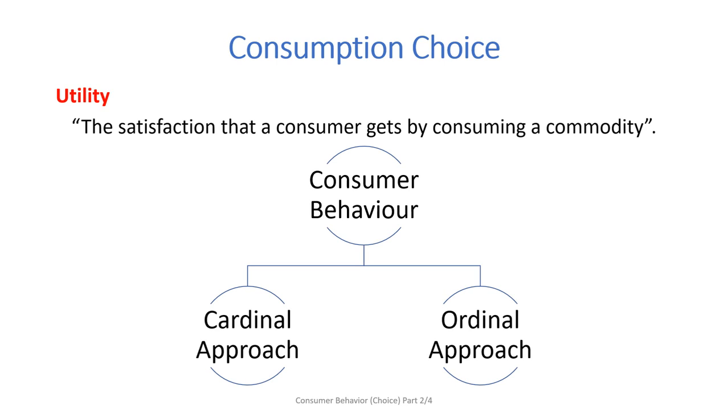We saw that in the Cardinal Approach, it is assumed that utility is cardinally measurable. That is, a consumer can measure the utility that he gets by consuming a commodity like one can measure physical quantities. We also talked about the behavior of total utility, marginal utility, and discussed how a consumer maximizes his satisfaction.